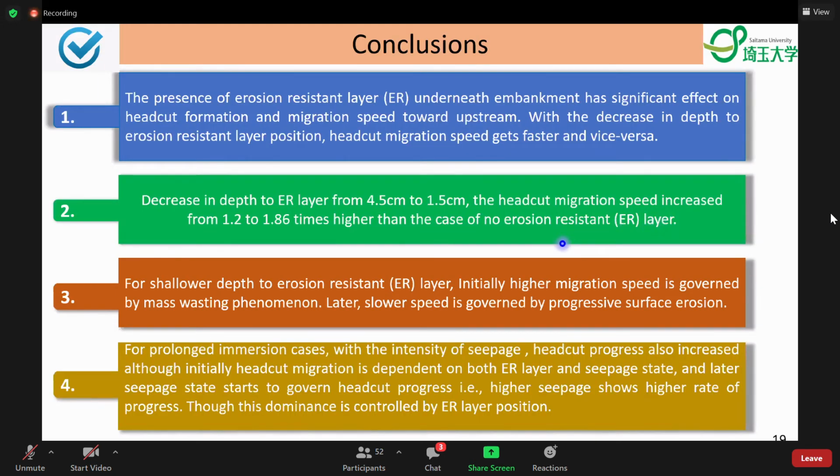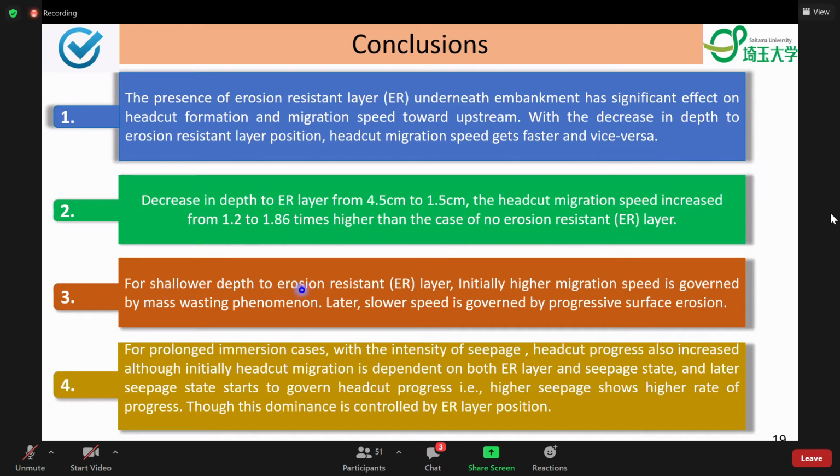From our experiment, we concluded that the erosion resistant layer under the embankment has a significant effect on headcut migration toward upstream. With the decrease in depth to the erosion resistant layer, headcut migration speed gets faster and vice versa. With the decrease in depth from 4.5 to 1.5, the headcut migration speed increased by 1.2 to 1.86 times compared to the case of no erosion resistant layer.